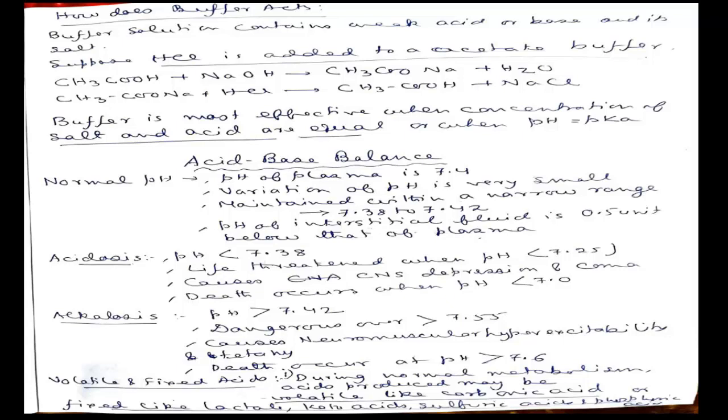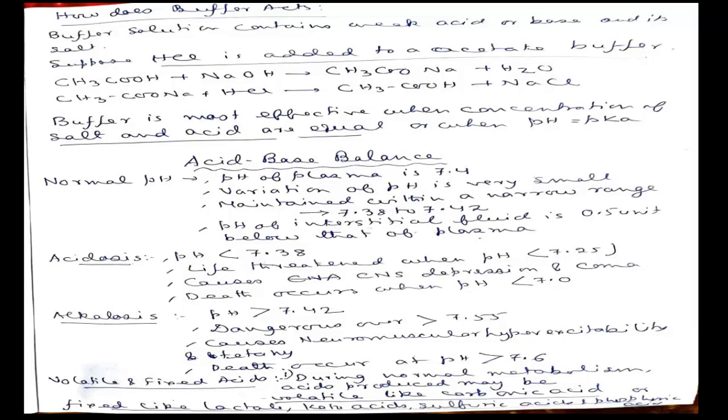Alkalosis. pH is more than 7.42. Dangerous over 7.55. It causes neuromuscular hyperexcitability and tetany. Death usually occurs when pH is more than 7.6.